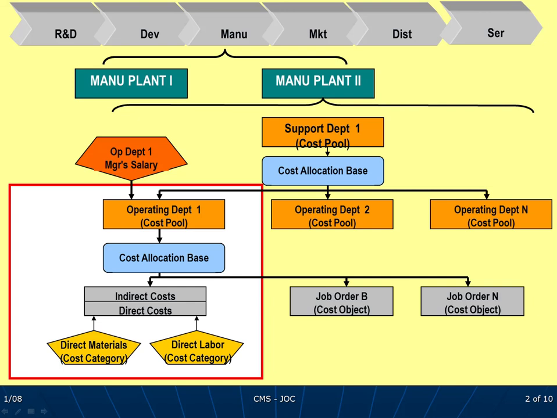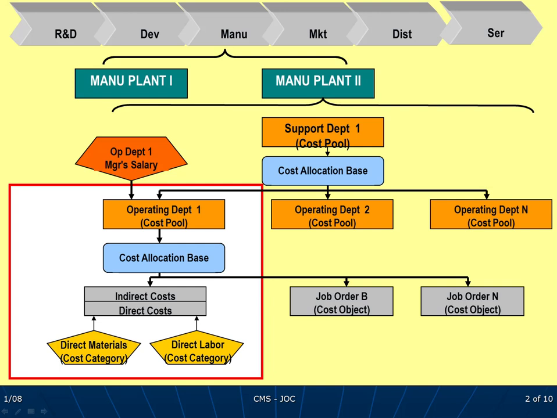So we can conclude that with respect to our allocation, what makes a good allocation rate? Well, with respect to the numerator, we want those cost pools to be as homogeneous as possible. When we start to get a lot of heterogeneity in those cost pools, that's going to create a lot of distortion in our allocation rate.